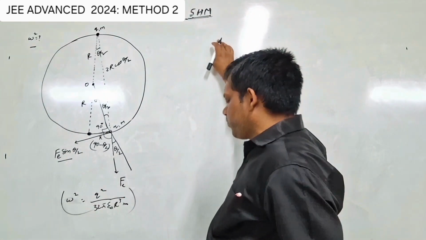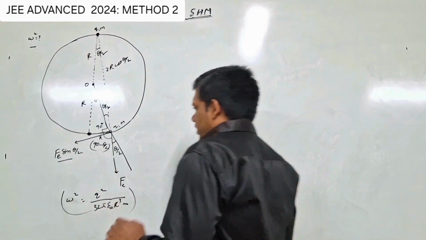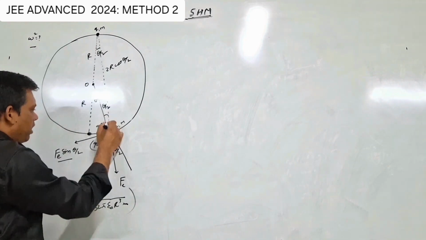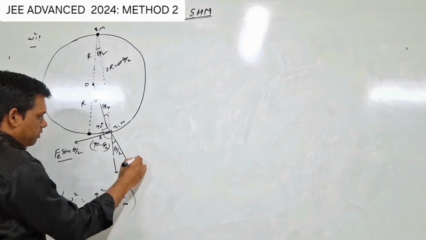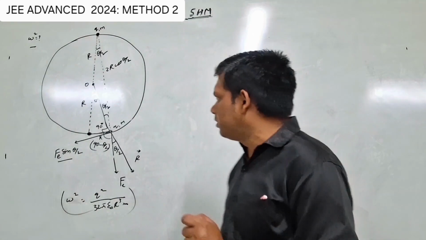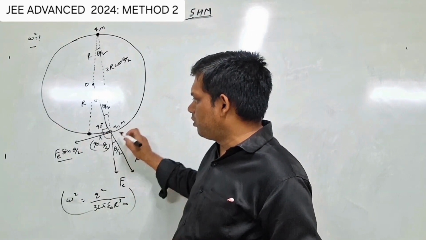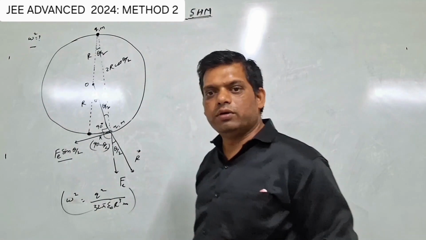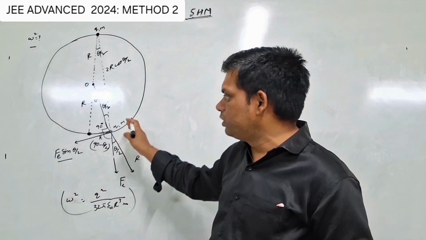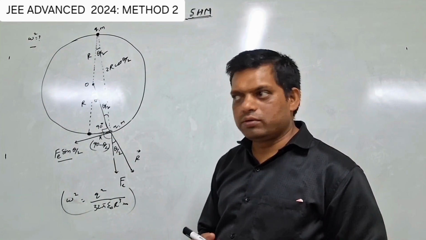So here we can see that this is the force acting on the bead and this is the R vector. So the torque will be, in this case, the generated torque acting on this bead, and this torque will be responsible to move the body in angular simple harmonic motion.